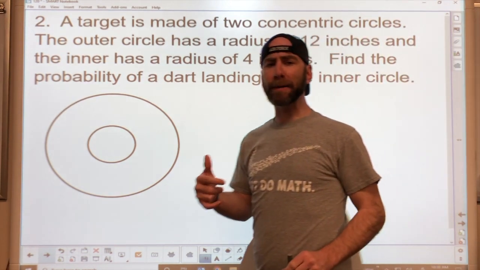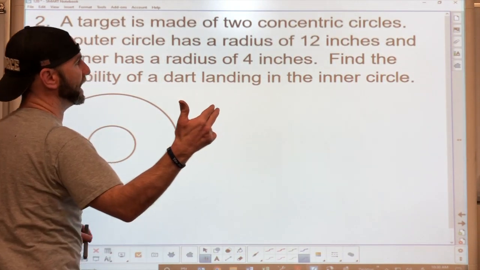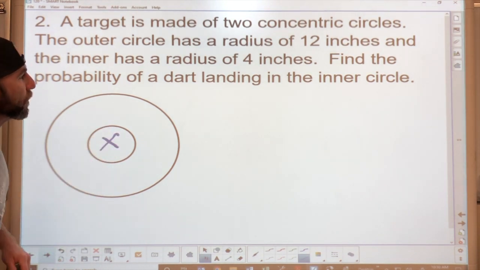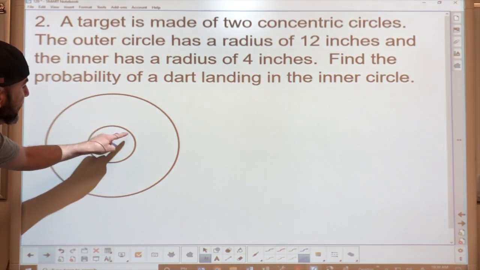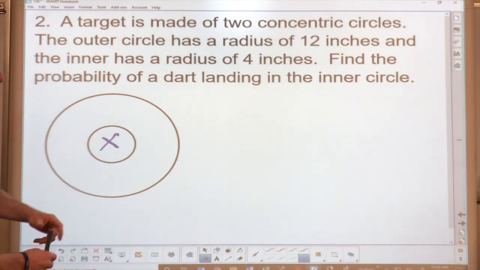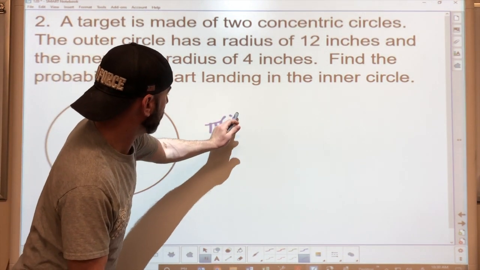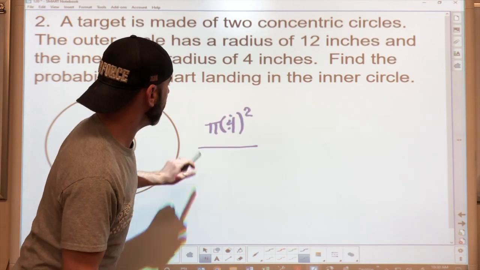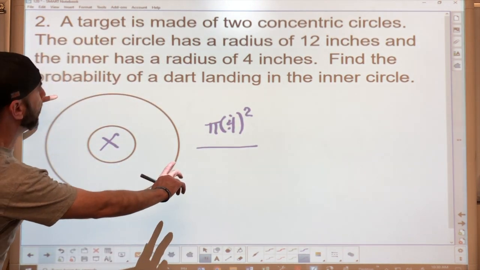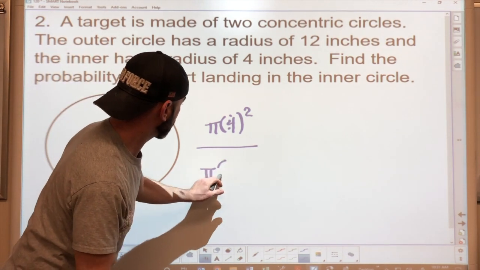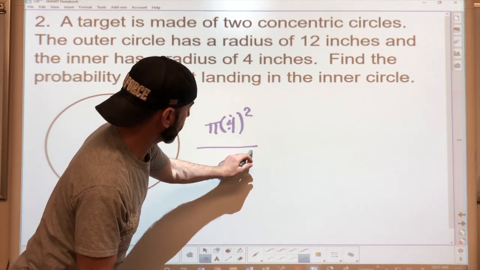We want to find the probability of the dart landing inside this right there. So we're going to find the area of the interior circle, which is going to be pi radius squared, over the area of the entire target, which is pi 12 squared.